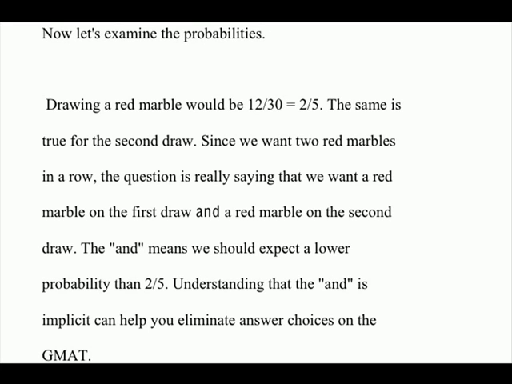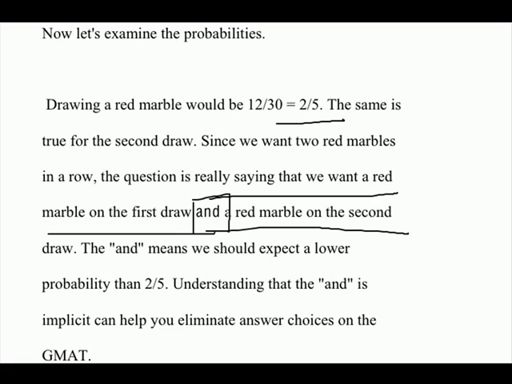So here it finds out the probability of drawing the red marble, which is 12 by 30, 2 by 5. The question is really saying we want a red marble on the first draw and a red marble on the second draw, which is an AND situation. Now intuitively, AND means the net probability should be lower than if you were taking only one event into account.